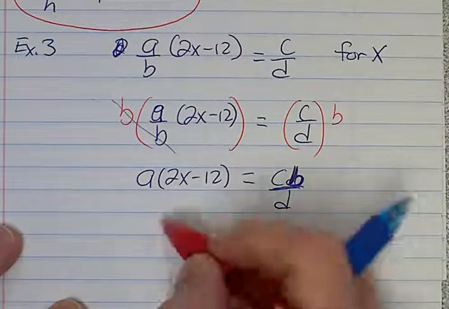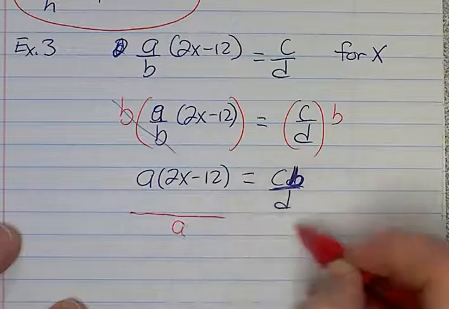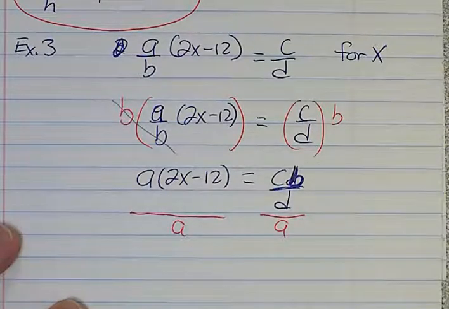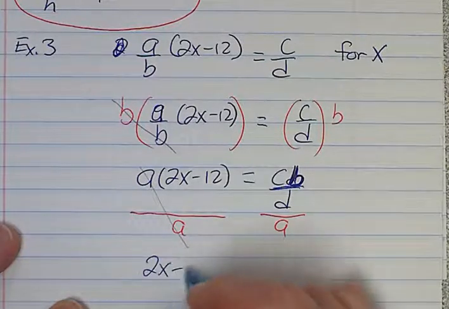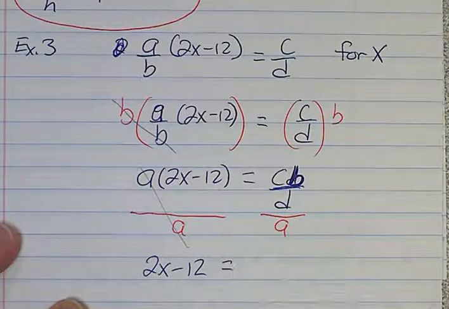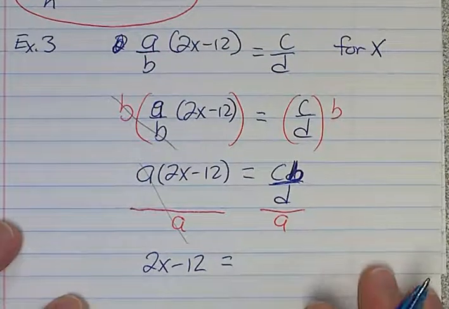Well, if it's A times, then the next thing you're going to do is divide by A.